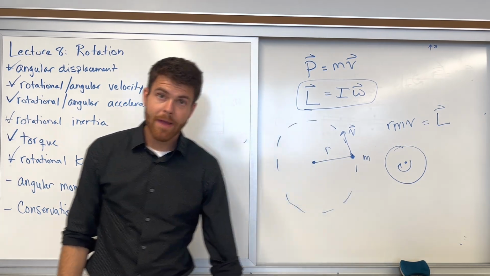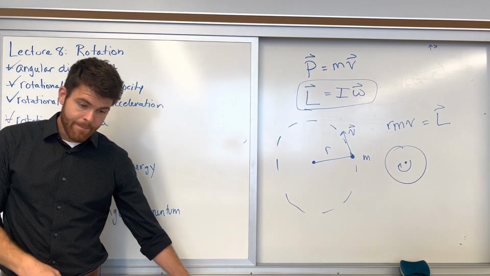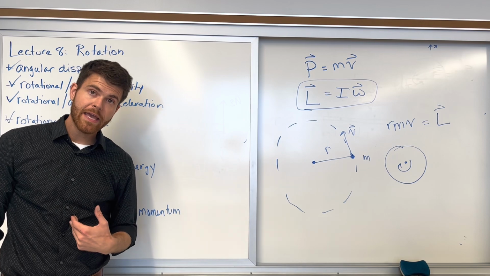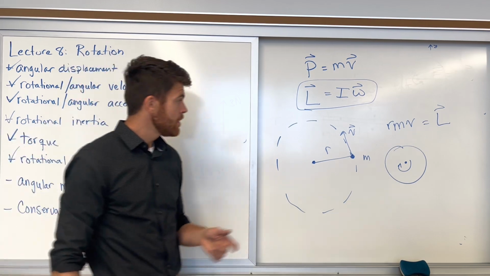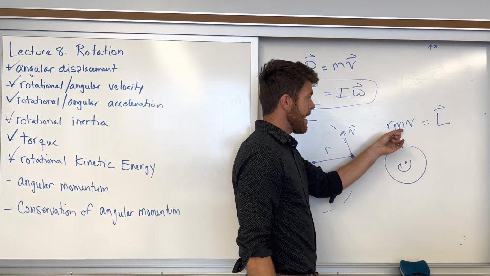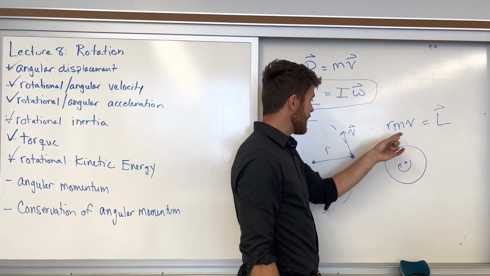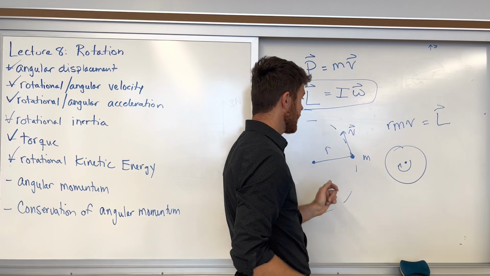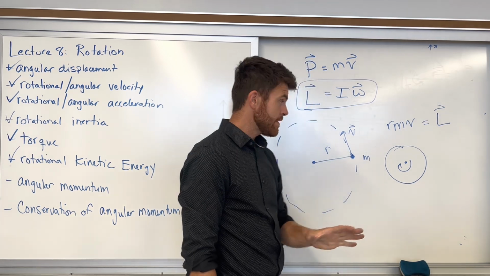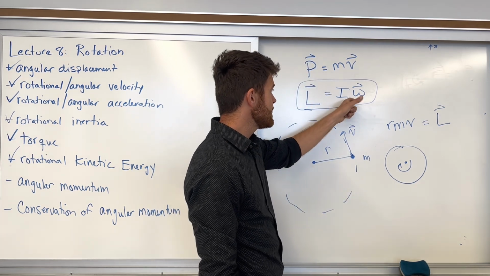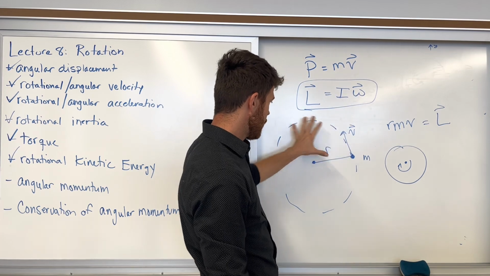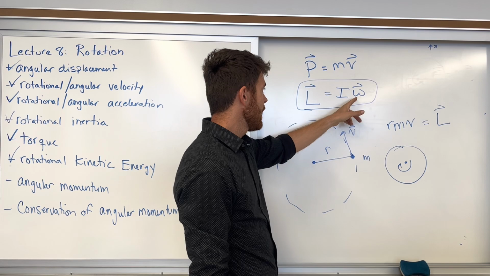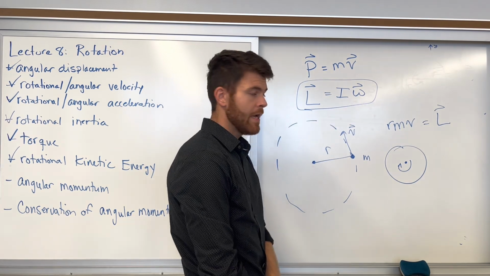However, if I was on a merry-go-round and my body's moving around that point, you could calculate the angular momentum of my body using this, where this is my mass, this is the speed I'm traveling through space, and this is the distance between me and where the merry-go-round is rotating. However, for the merry-go-round itself, you'd have to use this equation, because the whole object is rotating about that axis of rotation with the angular velocity of omega.